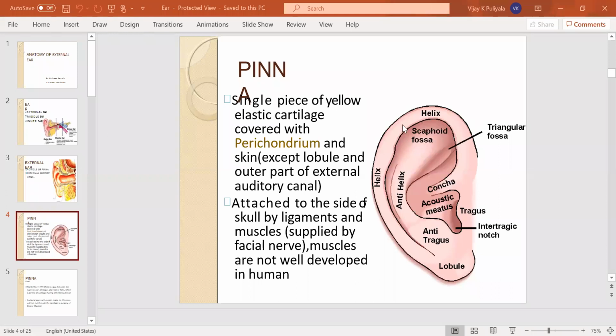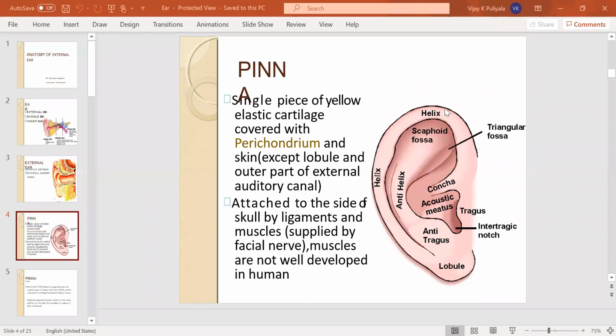This anterior limb of the helix descends downwards as the crus of helix. This is concha, not this one. Here it is wrong. This is concha, and this is crus of helix. The crus of helix runs into the concha and divides it into two parts: the upper small part and the lower larger part.